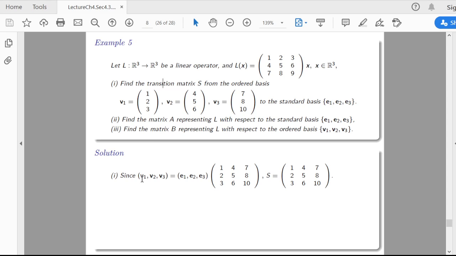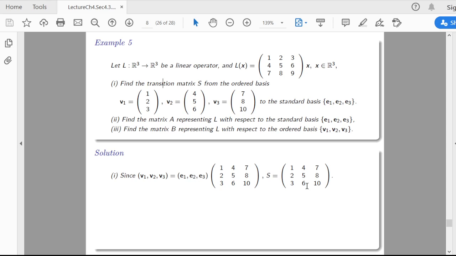that's the V1. Same thing for V2 is the same as 4 times E1, then 5 times E2, 6 times E3. V3 equal to 7 times E1, 8 times E2, 10 times E3, so that we got this is the transition matrix from V1, V2, V3 to the standard base E1, E2, E3.